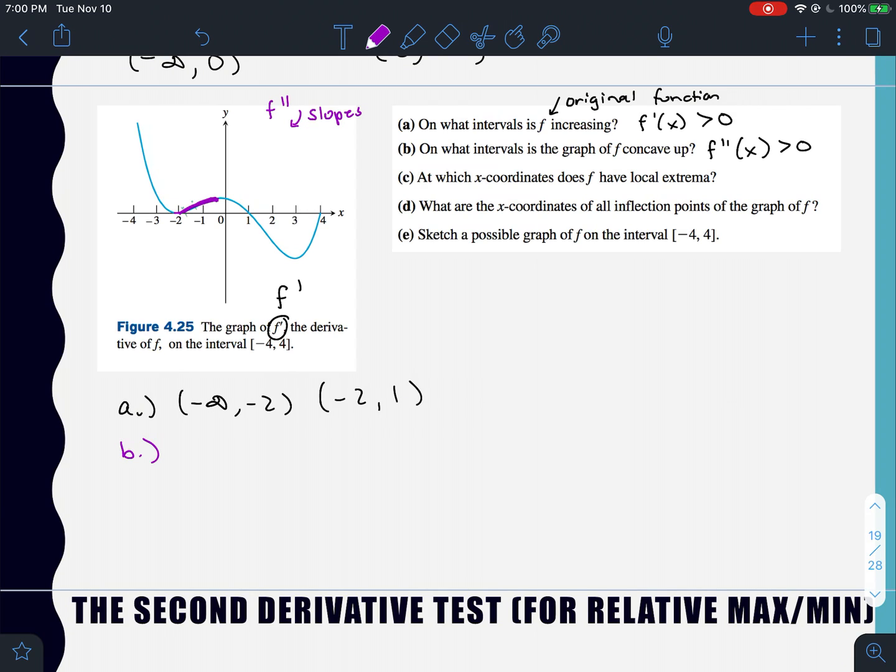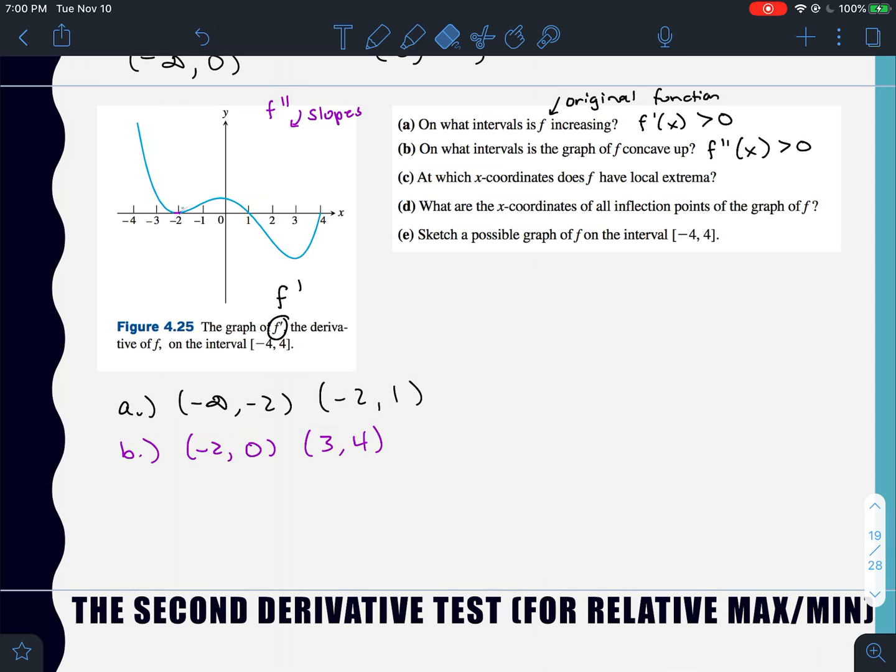So where is the original function concave up? It would be when f double prime of x is greater than 0, or when the slopes of this graph are greater than 0, so when this function is increasing. So from negative 2 to infinity, and also right here, so it looks like from 3 to 4. That's when the graph of the original function would be concave up.